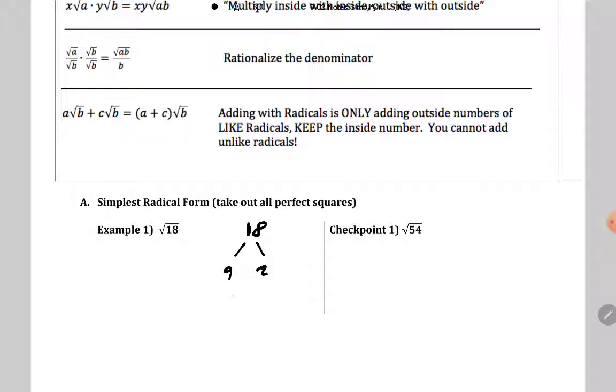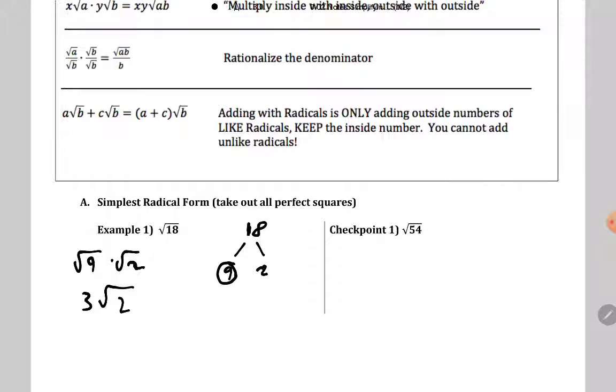And we can stop there because we reached a perfect square, which is 9, and we're left with just 2 on the inside. So we have square root of 9 times the square root of 2. So I broke it apart. Square root of 9 is 3. And then we have square root of 2 left over.